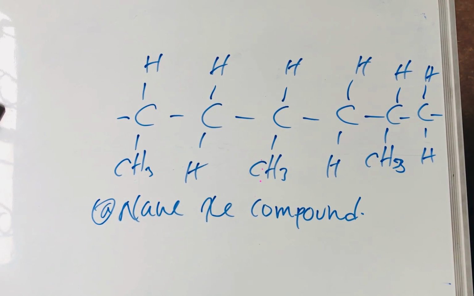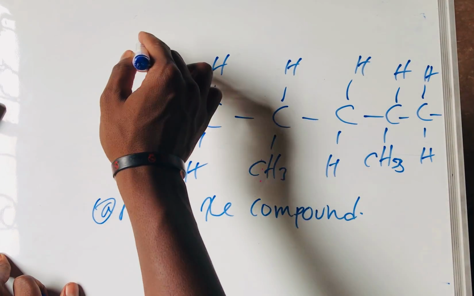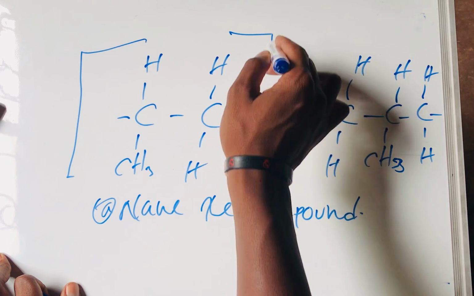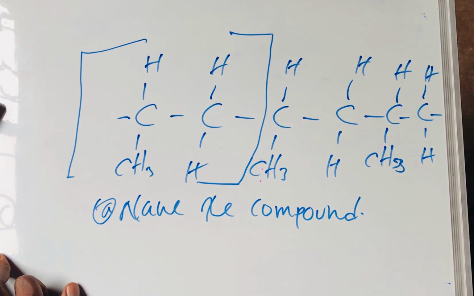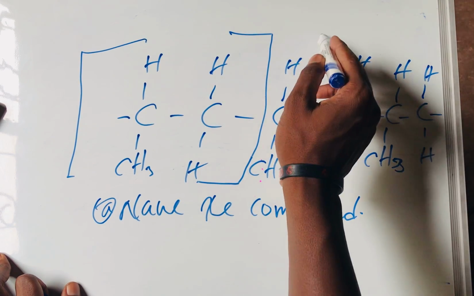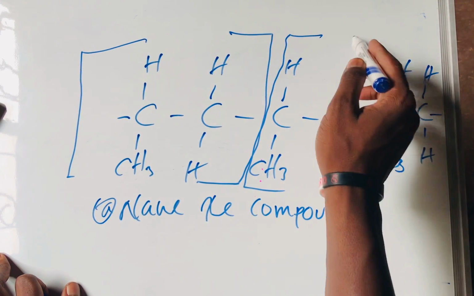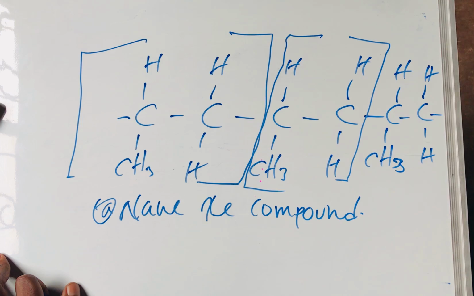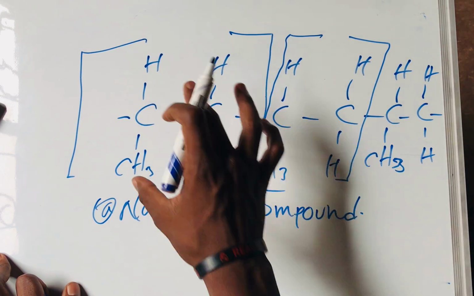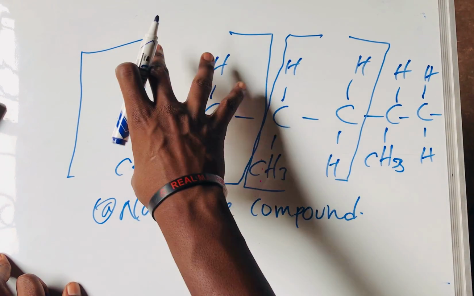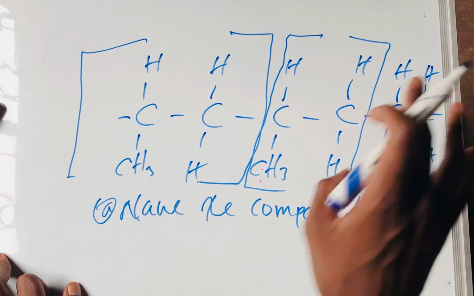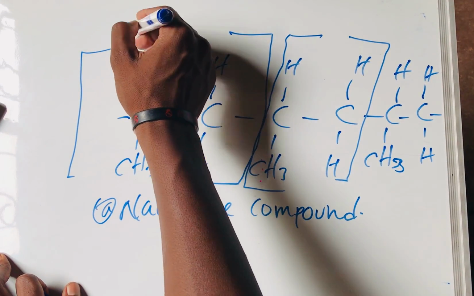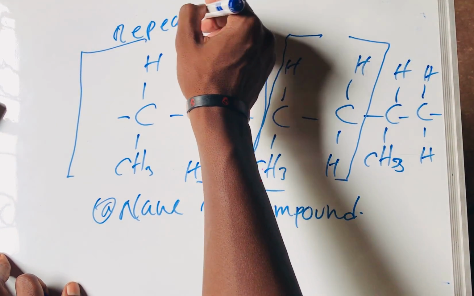Where is the repeating unit? From there to there, that is one repeating unit. Again, from there to there, that is another repeating unit. I'm sure you can tell that these two are the same. You keep on having that thing repeating itself throughout. So this is what we call a repeating unit.